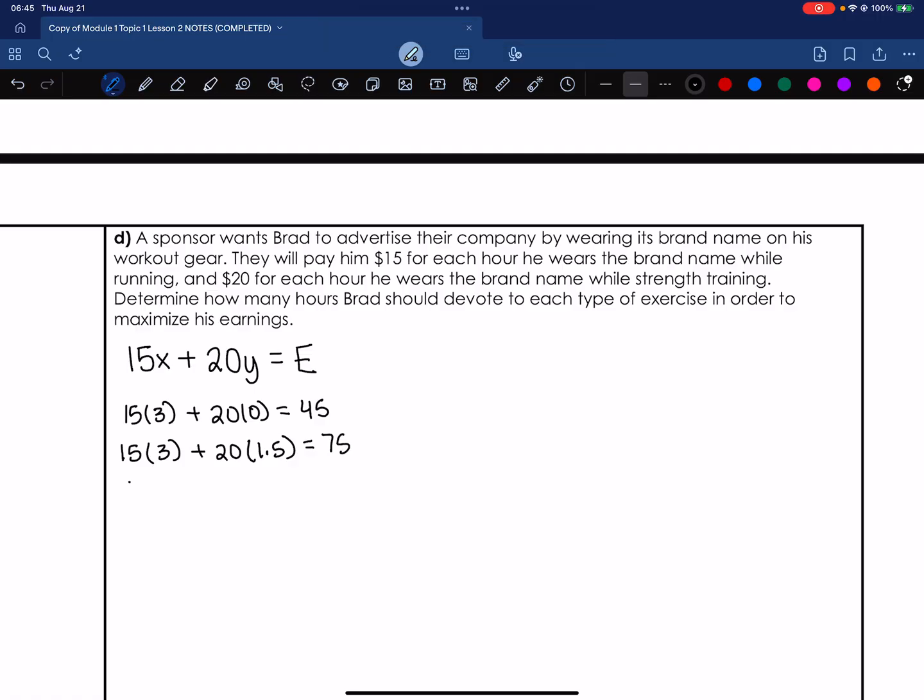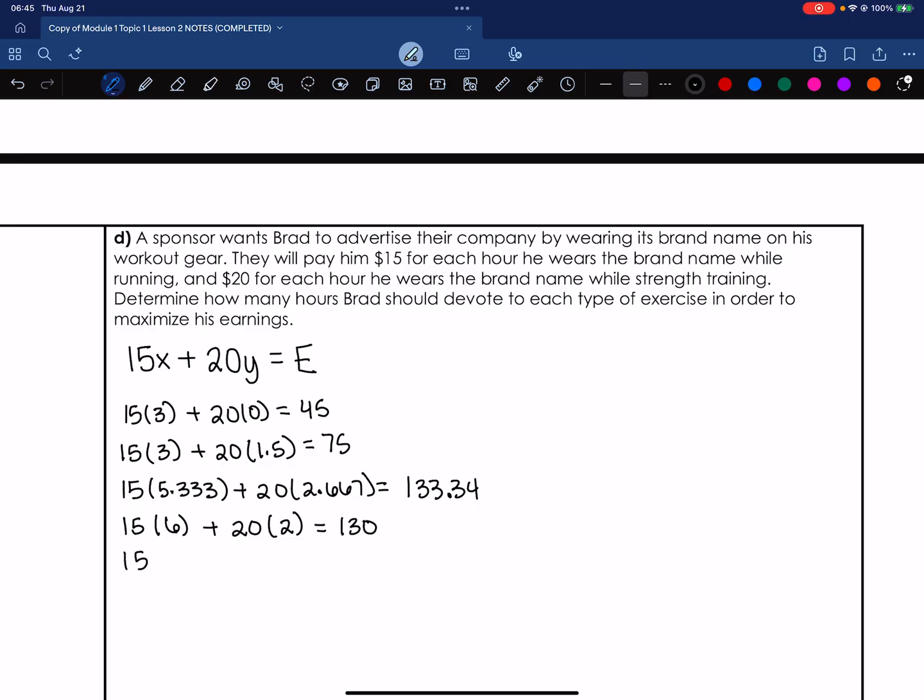If he did 15 times 5.333 plus 20 times 2.667, he would end up earning $133.34. If he did 6 hours running plus 2 hours strength training, he would get $130.